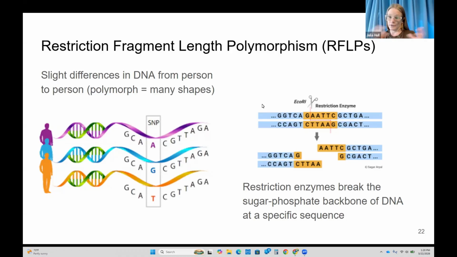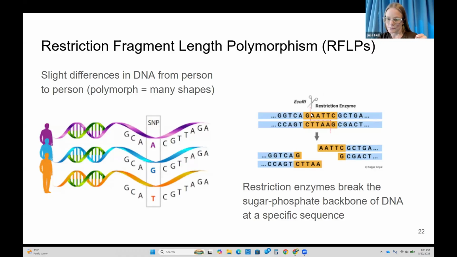What we do is we take the DNA from our different samples, from the suspected father and a DNA sample from the child, in these separate tubes. And then we add things called restriction enzymes. Restriction enzymes act like a pair of scissors that read the DNA.